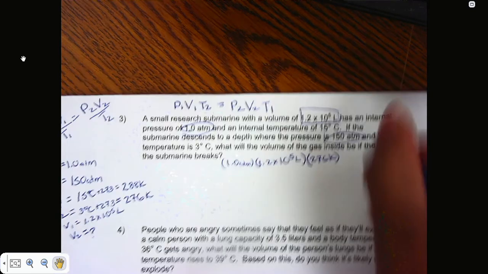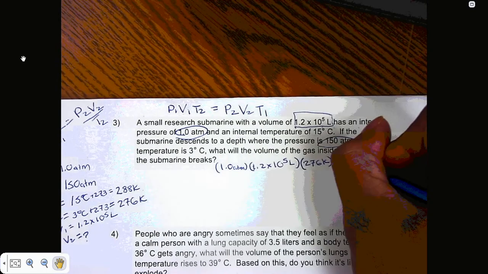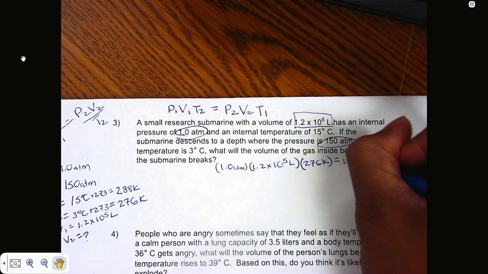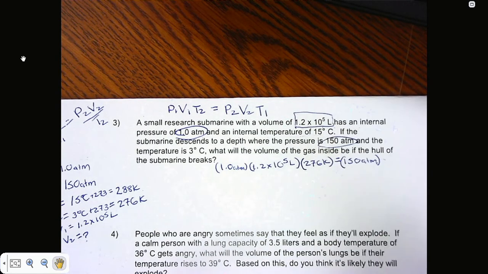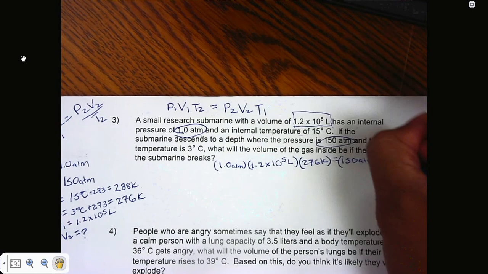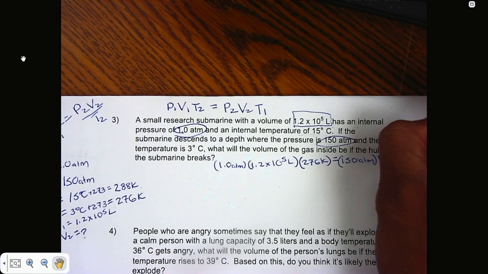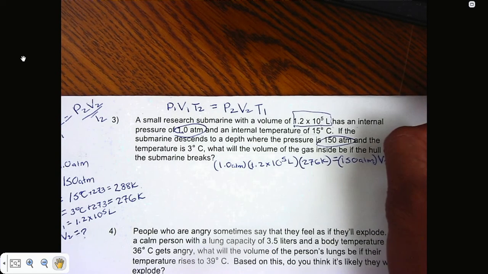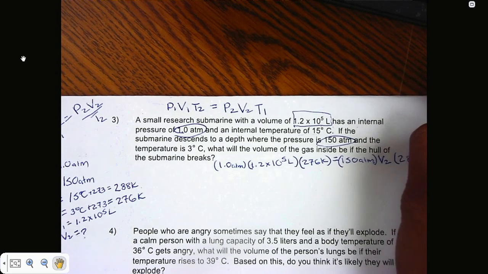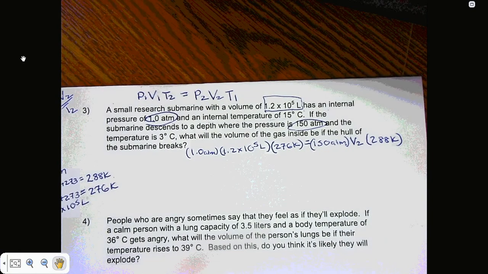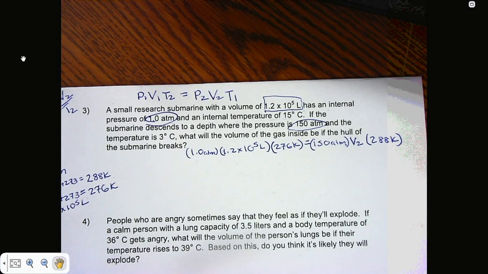And I'm going to set that equal to the product of 150 ATMs, which is my P2, my V2, which I'm not sure of because I'm solving for that, and my T1, which in this case is 288 Kelvin. And I will need a calculator to solve a question such as this.